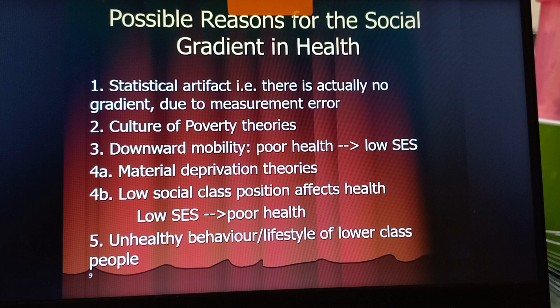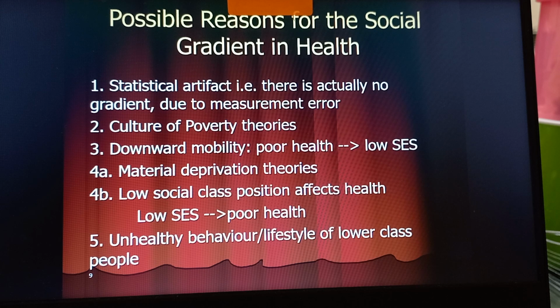Etc. So material deprivation theories. Therefore, low social class position affects health. So low SES results in poor health, whereas this one is poor health for the individual leads to downward mobility. This one is low SES eventually results in poor health.